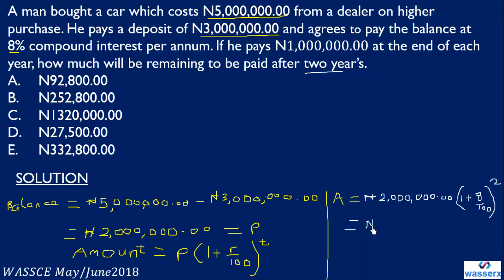So we have 2 million naira being multiplied by 1.08 squared. If you multiply this, we get 2,332,800 naira.